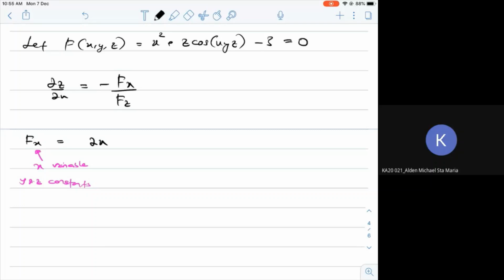Differentiate x squared, we will get 2x. Now we want to differentiate z cos xyz with respect to x. Do we need to use product rule now? No need, because z is constant. Only x is the variable.